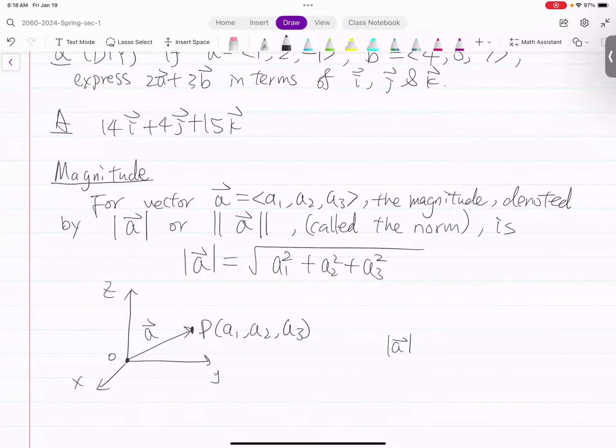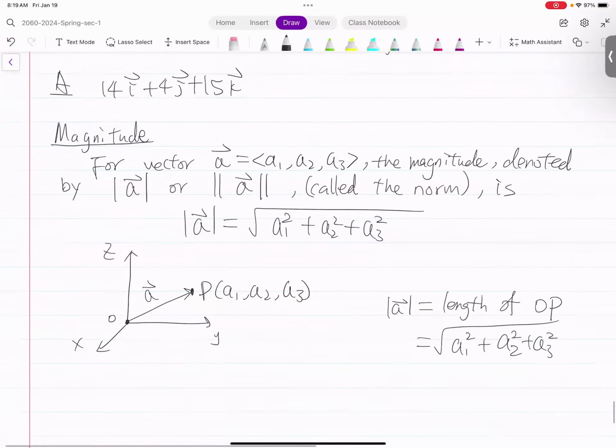So the norm of the vector A is exactly the length of our line segment from O to P, which is calculated by the Pythagorean theorem, right? Okay, so that's the magnitude part. So the calculation is exactly this distance formula.